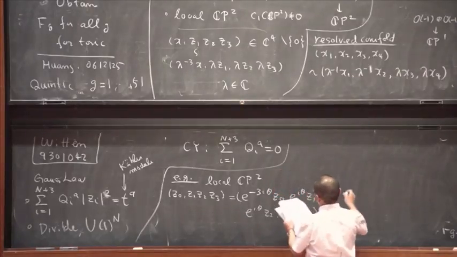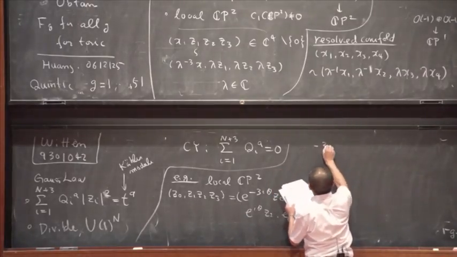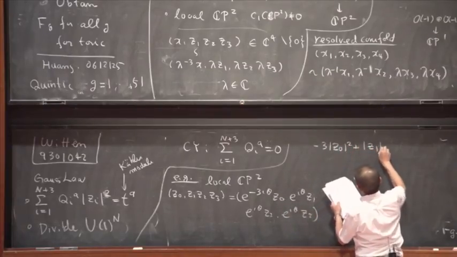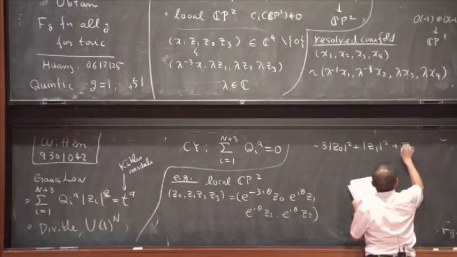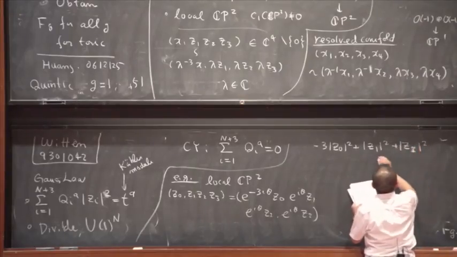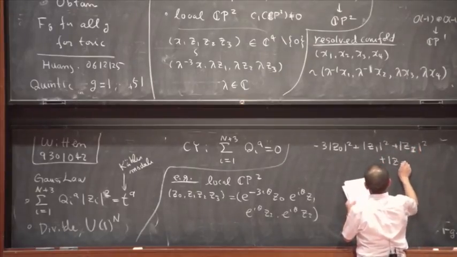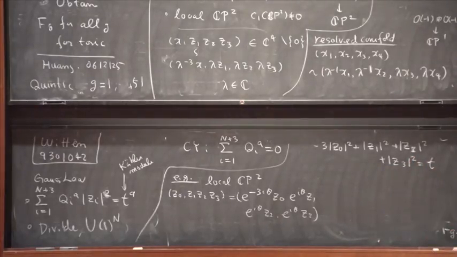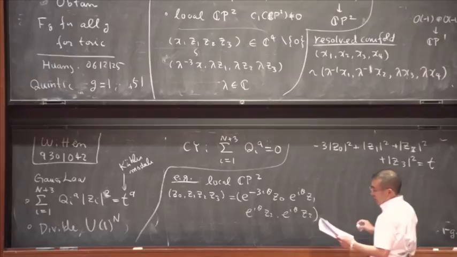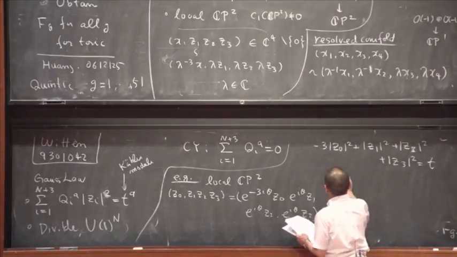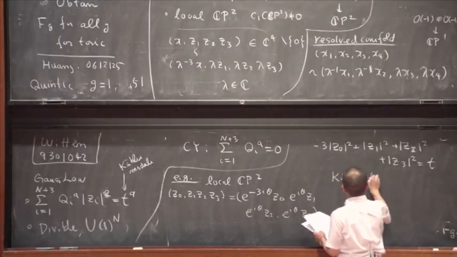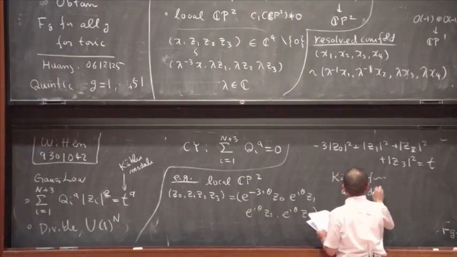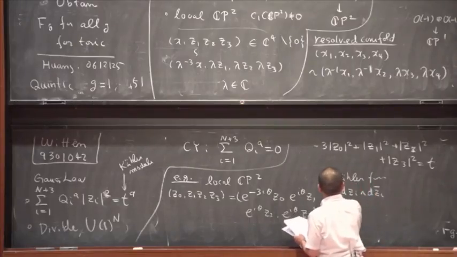And then the Gauss law constraint you want to impose is minus 3 Z0 square plus Z1 square plus Z2 square plus Z3 square is equal to T. That would be your Gauss law constraint. So this is what you want to do. And the Kähler form would be equal to dzi wedge dzi bar.